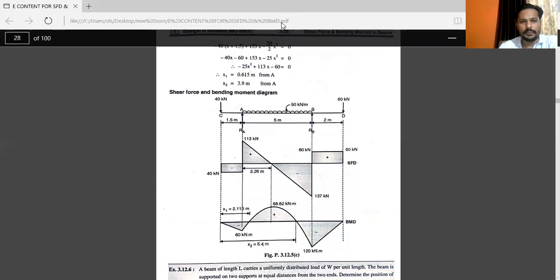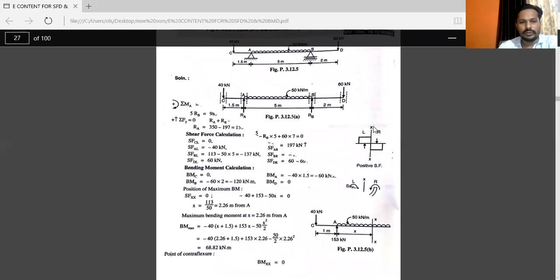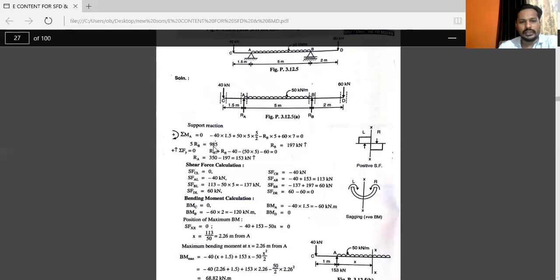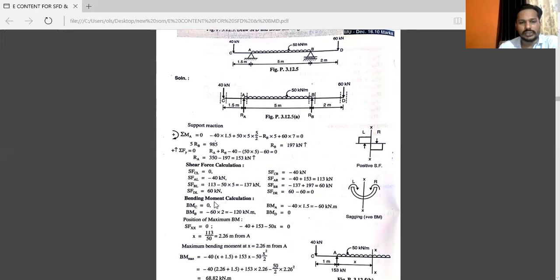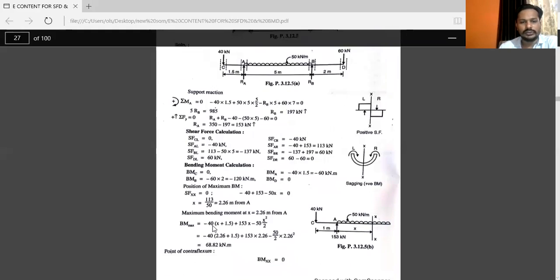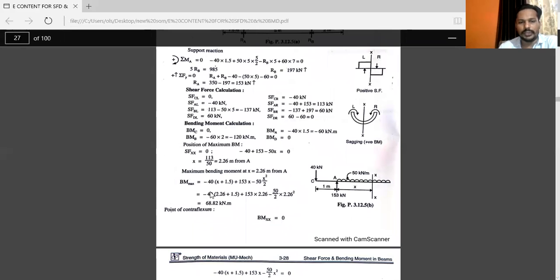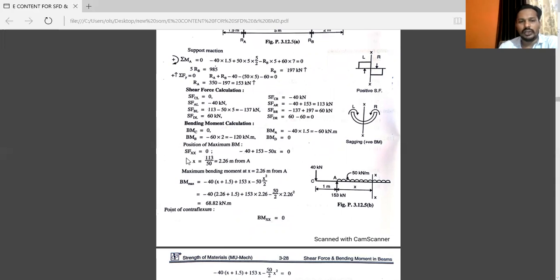In the first step, we calculated support reaction. Second step, shear force calculation. In the third step, bending moment calculation. The fourth step, here we have taken position of maximum bending moment. Where the shear force is equal to 0, you will get the position of maximum bending moment.